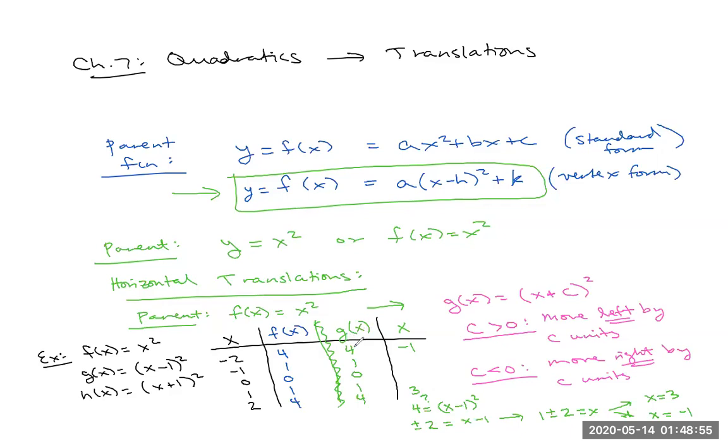Okay, so essentially think about a number line with x. Here's -2. Here's -1. Notice in order to get the same y value, we've actually shifted our x values over by 1.